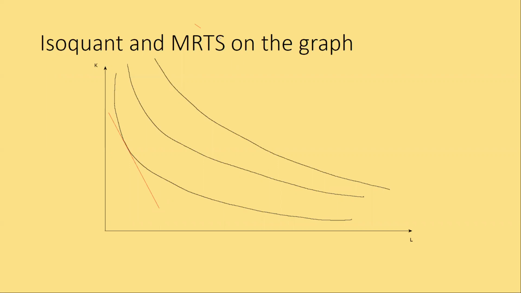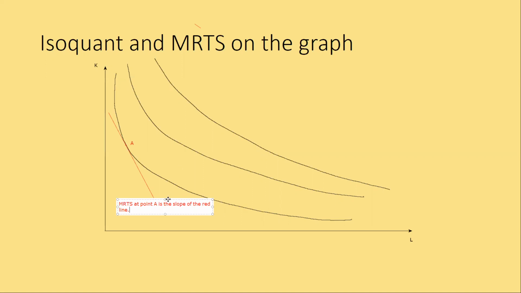So let me highlight here, if this is point A, we can say that the MRTS at point A is the slope of the red line.